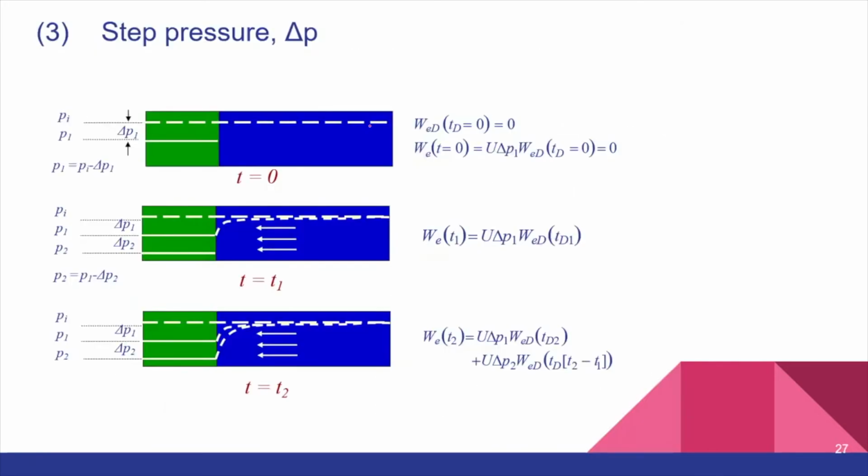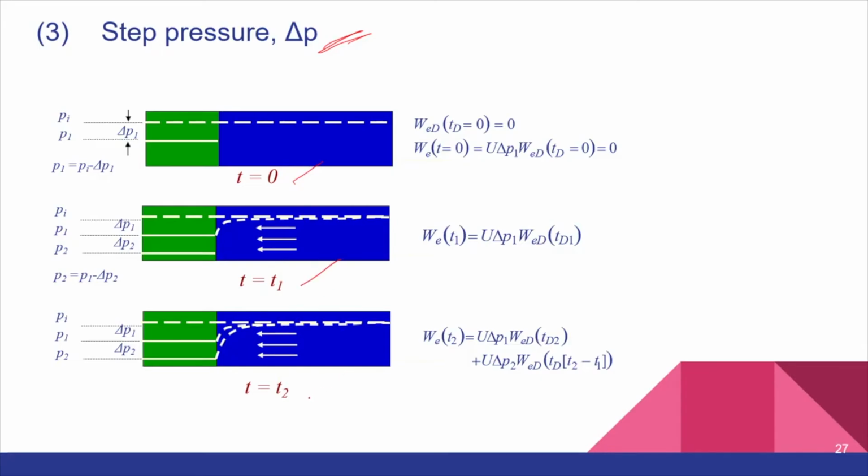So the third is the step pressure, delta P. This is a bit hard to learn. So for example, here we have 3 different times. We have t equal to 0, the initial time, t equals t1, the first time, and t equals t2, the second time.